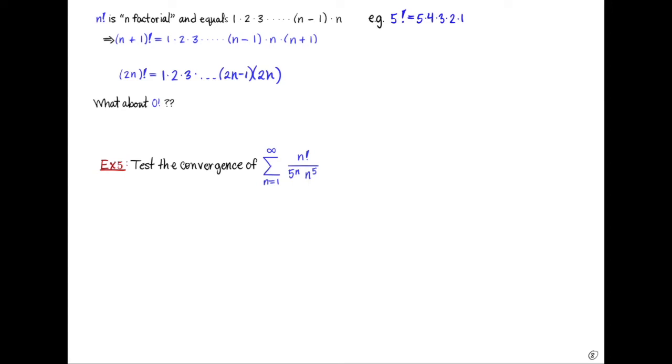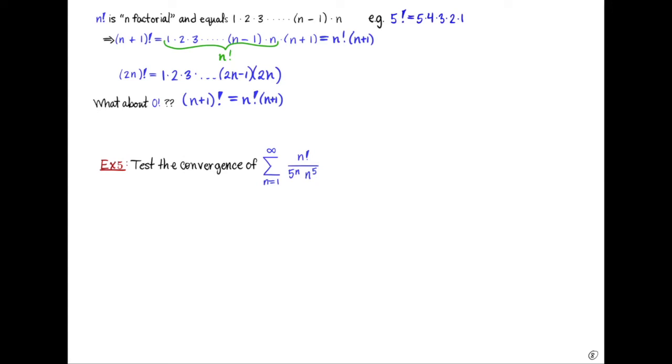What about 0 factorial? Let's start with n plus 1 factorial and see if we can do a little proof to figure out what 0 factorial is. From above, we know that n plus 1 factorial is equal to, this is n factorial if we group together the first n terms, so we have n factorial times n plus 1. So on the right-hand side of our equation, let's rewrite n plus 1 factorial as n factorial times n plus 1.